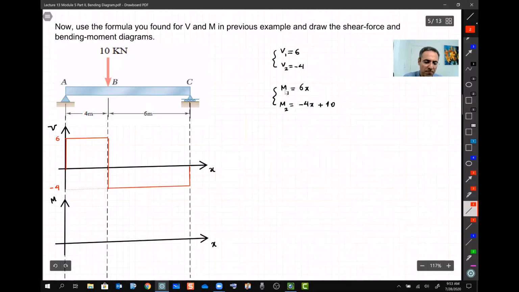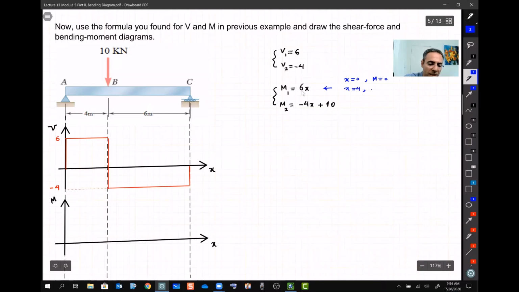What about M? We look at M, and this is a line, right? 6x is a first order polynomial, just a line. Remember, when you want to draw a line, you need 2 points. Let's pick 2 points. You put x equal to 0, it gives you M equal to 0, and you put x equal to 4, it gives you 24, the boundaries.